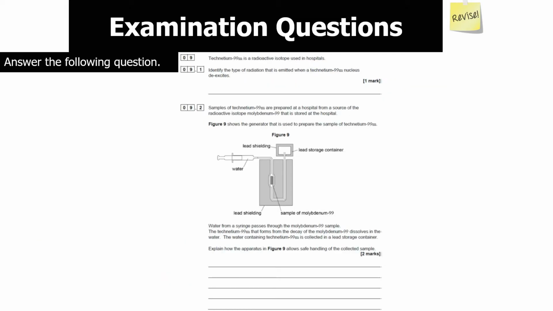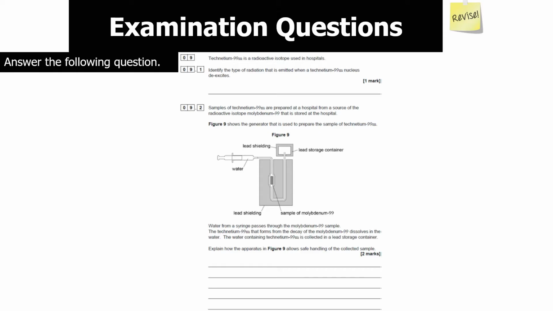The next question says, technetium-99 is a radioactive isotope used in hospitals. Identify the type of radiation that is emitted when technetium-99 nuclei de-excite. Then, samples of technetium are prepared at a hospital from a source of a radioactive isotope, molybdenum, that is stored at the hospital. Figure 9 shows the generator that is used to prepare the sample of technetium.